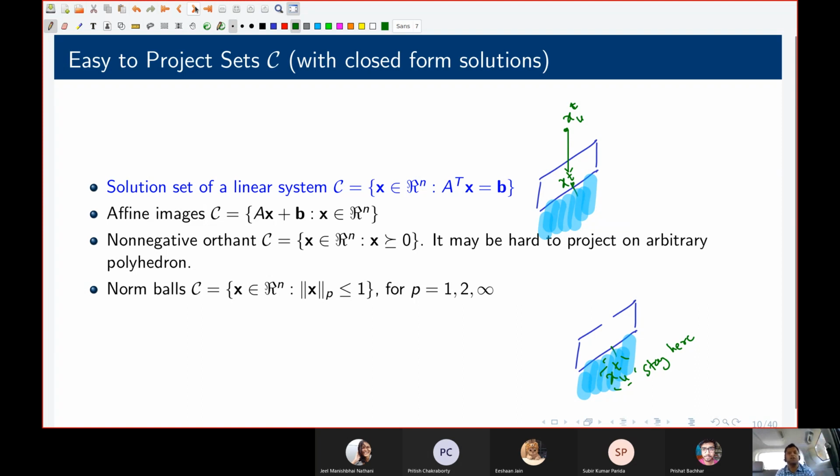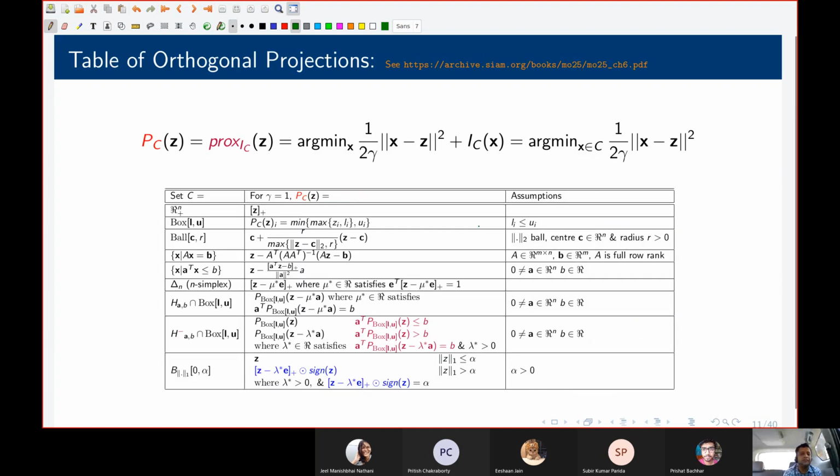Okay, here's a table of orthogonal projections. So some of these are very intuitive, right? If you are in the positive quadrant, the first case, Rn plus, so if the constraint is a positive quadrant, all you need to do is make sure that if you're going outside that quadrant, make it 0, right?